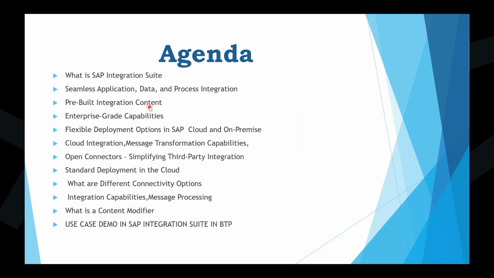What are those pre-built integration contents? Enterprise-grade capabilities: why it is reliable enough for enterprise use. Flexible deployment: whether it runs in the cloud, on premises, or both. And cloud integrations: if you have one cloud and another cloud you want to integrate, how the data is processed and converted, we are going to discuss.